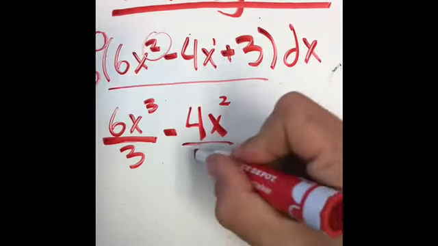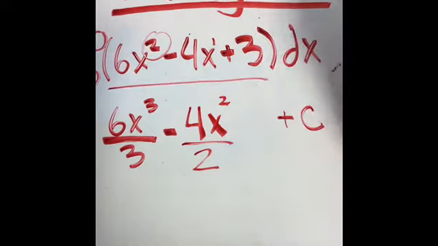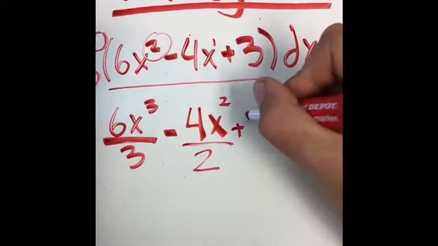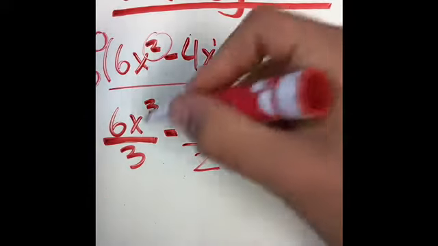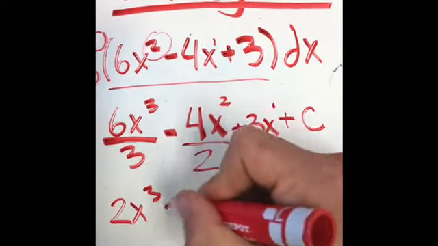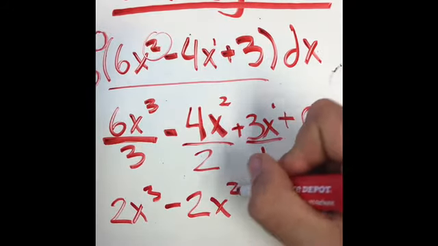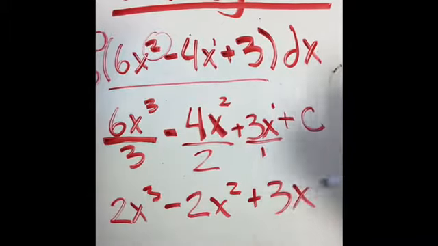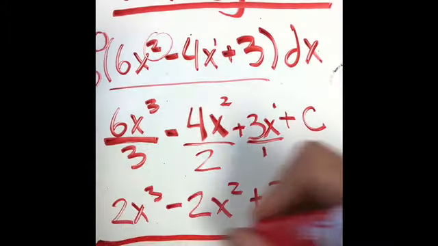We'll put it over 2, and then similarly here, because there's no x, we're going to actually just add an x, and it's going to be plus 3x, to the 1 now, and over 1. And we can reduce this, and it'd be 2x cubed minus 2x squared plus 3x plus c. So that's how to do a basic integral problem.